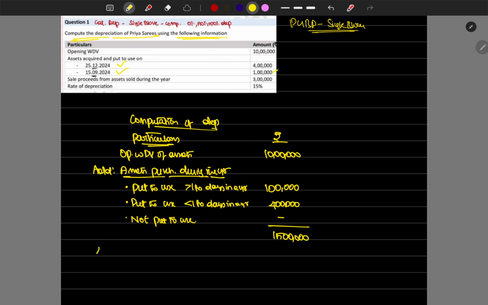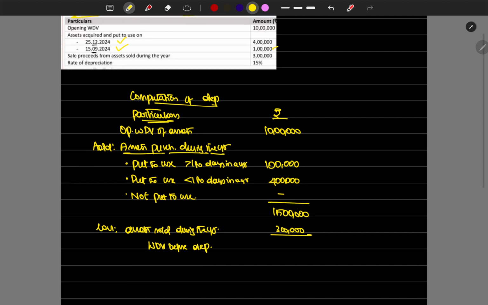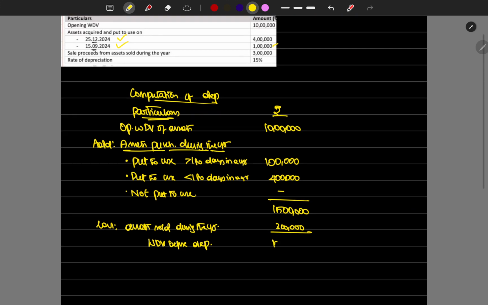Less: assets sold during the year. What are all the assets sold during the year? Just 3 lakh worth of assets has been sold. This is the WDV before depreciation, which is 12 lakhs, minus depreciation.